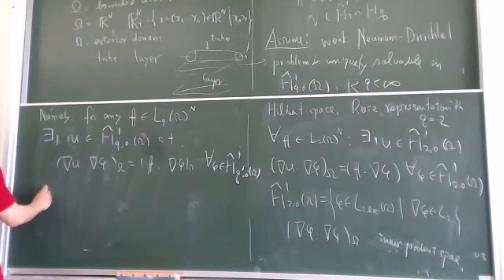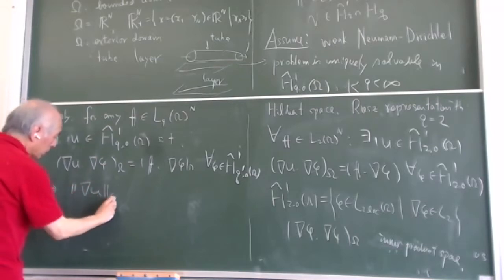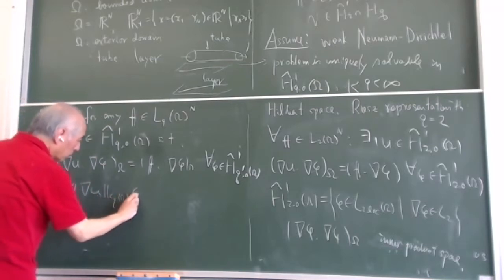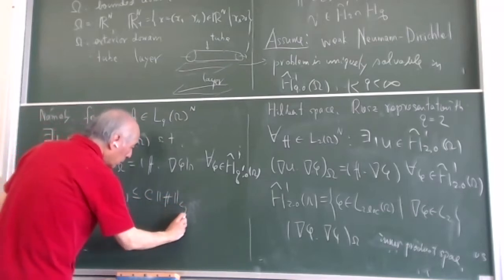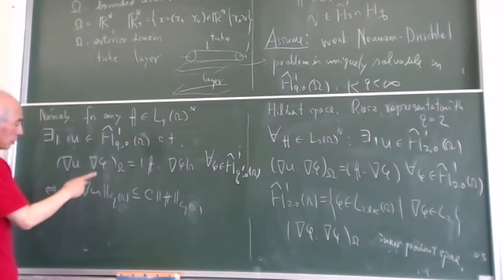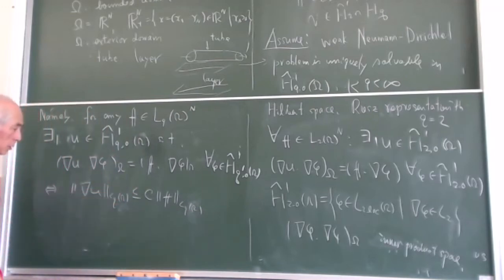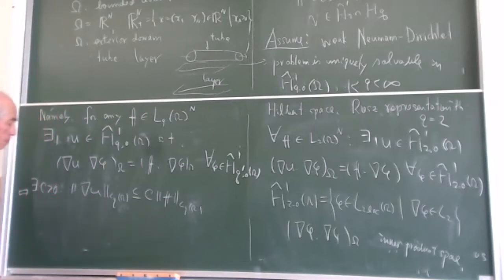And then, of course, you can easily show that this gradient of u can be estimated. If you use the closed graph theorem, then you can show this one: there is some constant C such that all the solutions u satisfy this inequality.